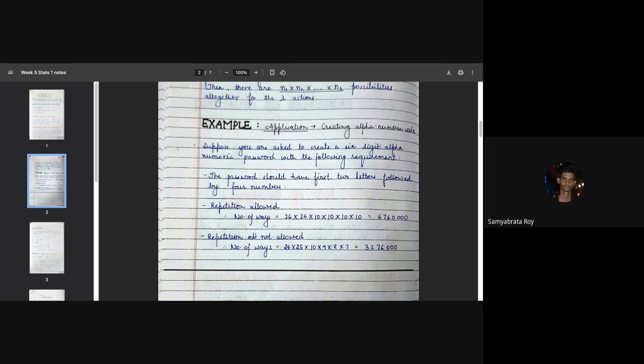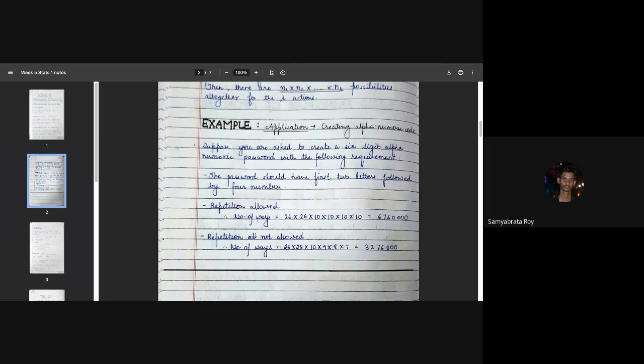So in this scenario, we can come up with some examples as well. So let us see one: creating an alphanumeric code. Suppose you were asked to create a 6-digit alphanumeric password with the following statement: the password should have the first two letters followed by four numbers.